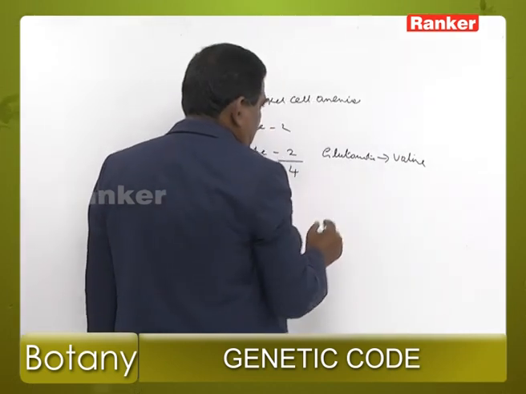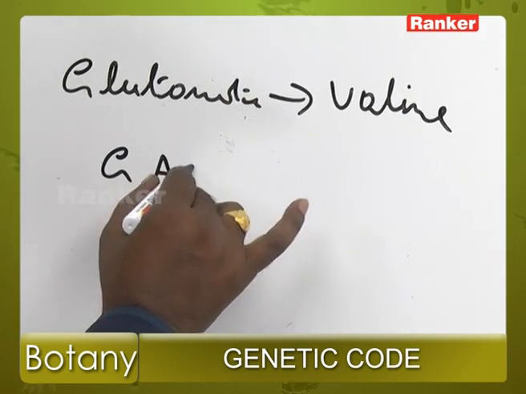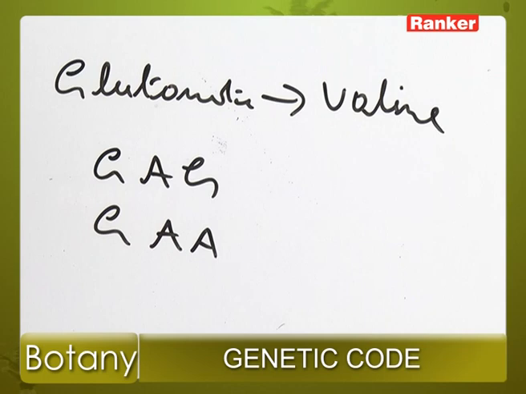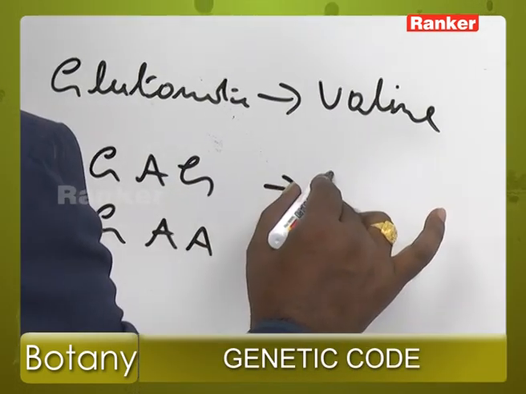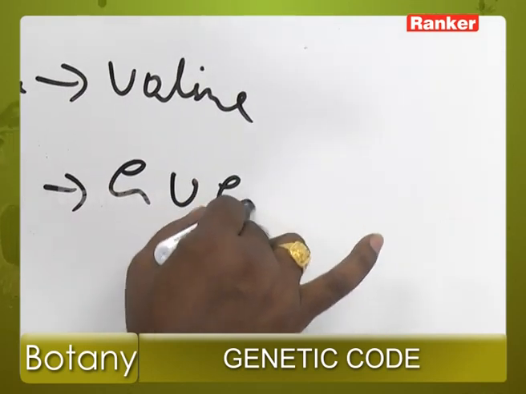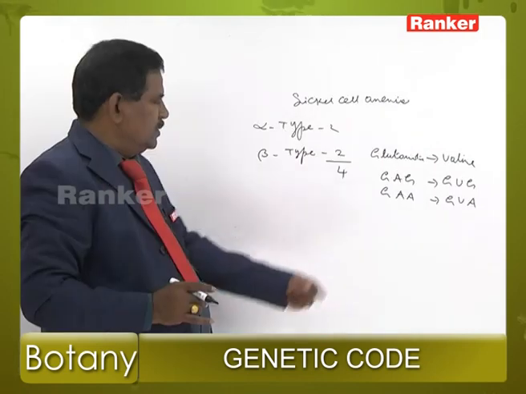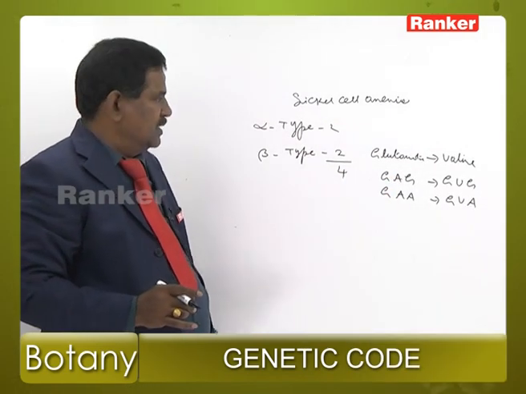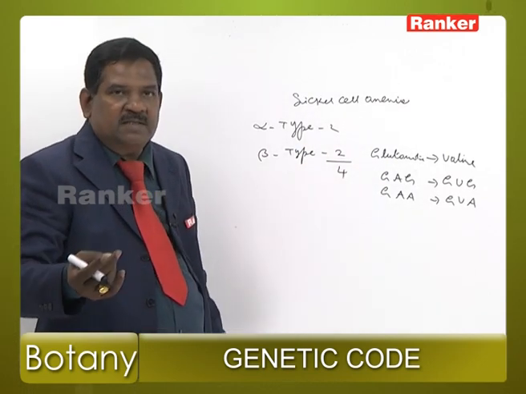The codons that recognize glutamic acid or glutamate are GAG and GAA. Only one base changes, giving GUG and GUA. So only one base changes, and automatically the amino acid also changes.